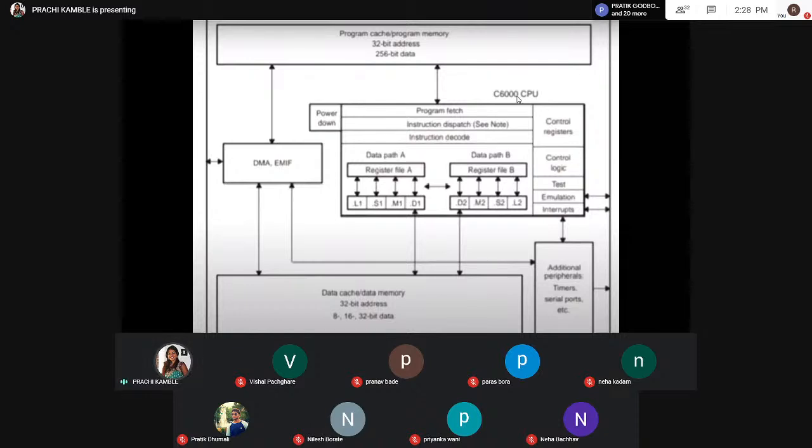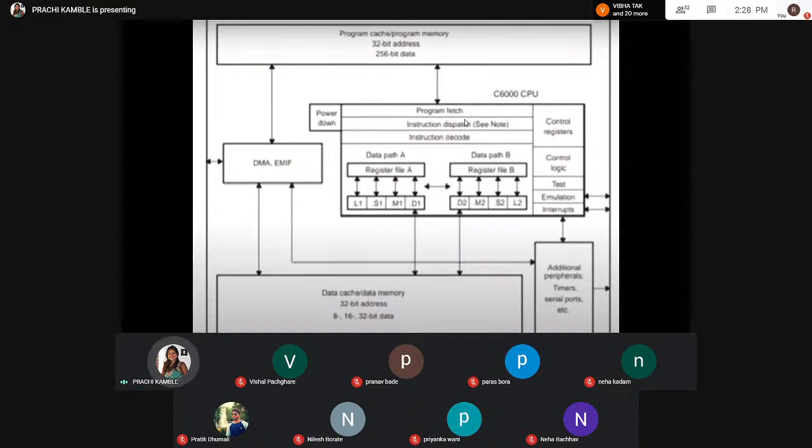What happens is, whenever the CPU fetches the program, all the instructions are combined together, and it creates a very large instruction word set.